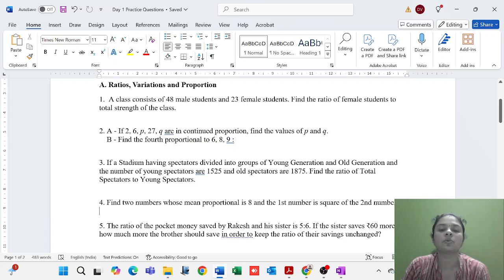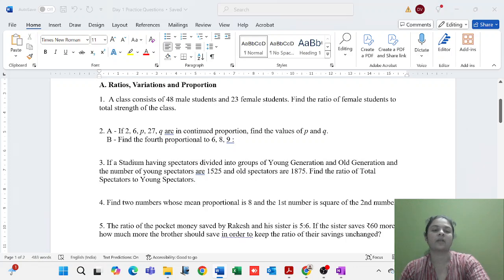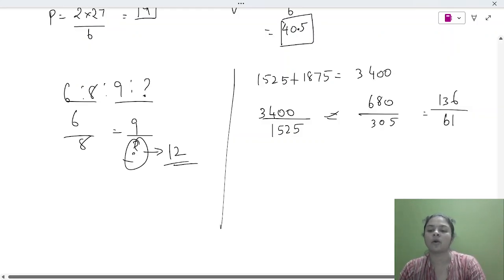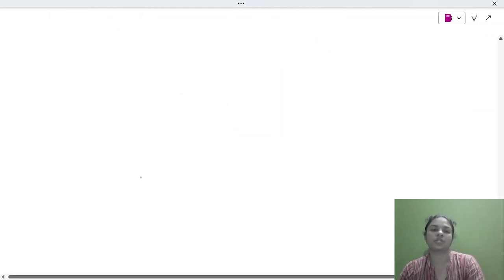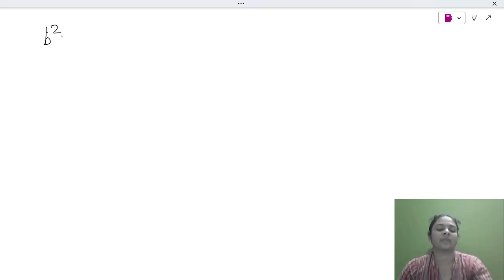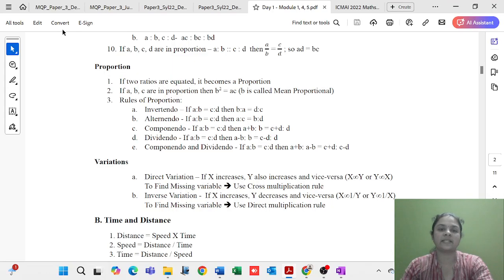Find two numbers whose mean proportional is 8. The first number is the square of the second number. Okay. Now, what do you mean by mean proportional? B square. Very good. B square. So, let's refer to the properties again.